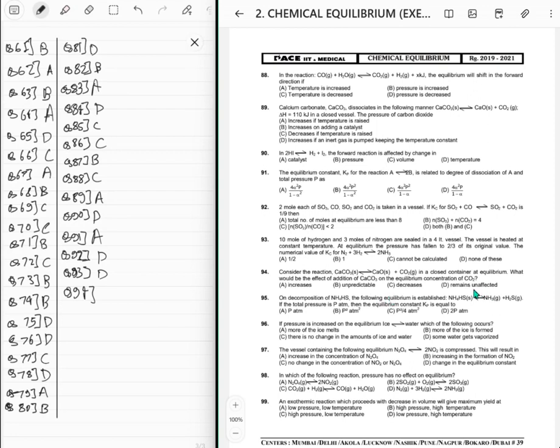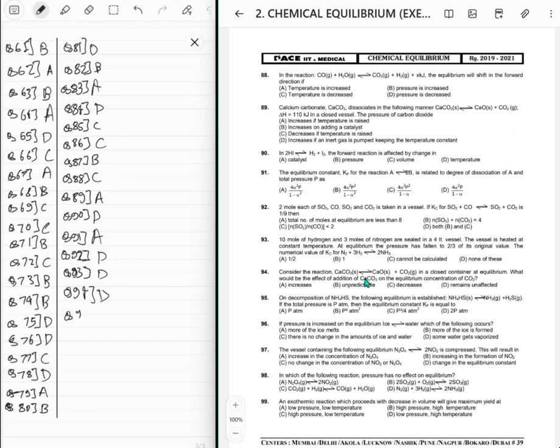Unless of course you already exhausted all the CaCO3, in which case, yes, it would create more CO2 till of course exhaustion, or till it reaches the equilibrium pressure. So yeah, it either increases or it remains unaffected. And I think 94th it should be B.